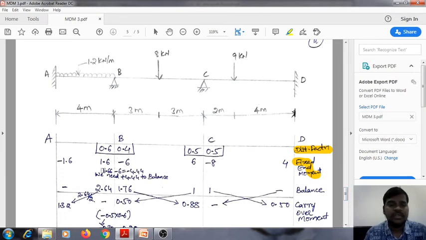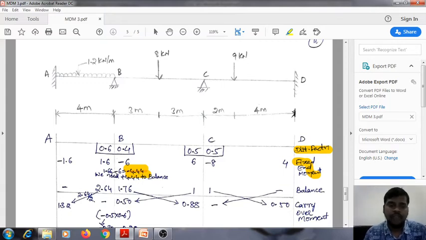So for balancing, let us go for joint B. We have to add these two fixed end moments, that is 1.6 minus 6, which is minus 4.4. This is a very important step. So we need plus 4.4 to balance.